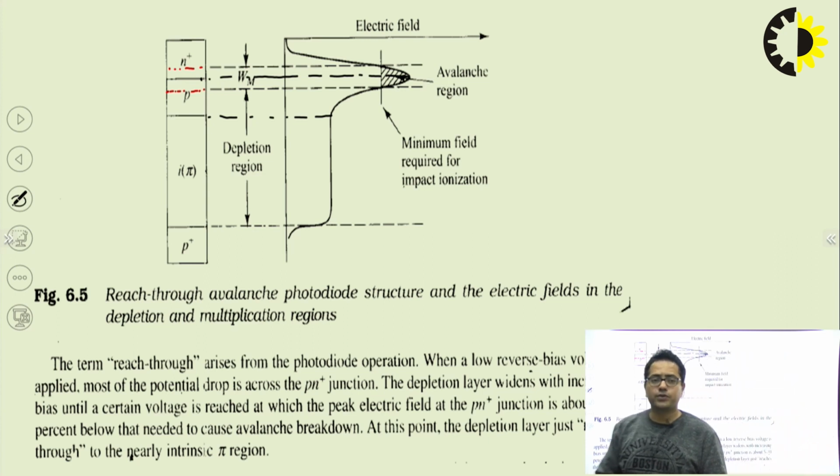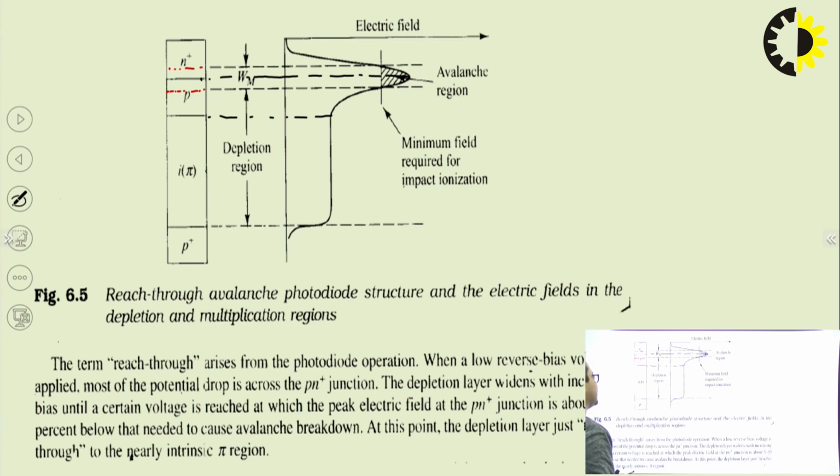So in this way, the electric field is varying in the avalanche photodiode. The two terms associated with the avalanche photodiode are avalanche and impact. Avalanche means that there will be a sudden increase in the number of electrons.